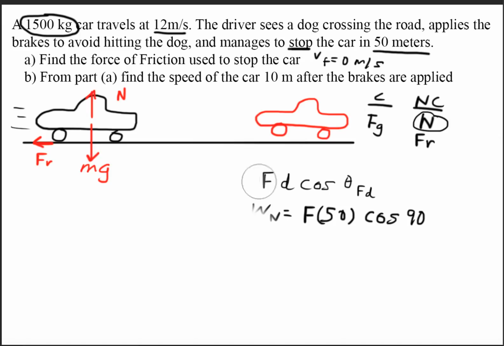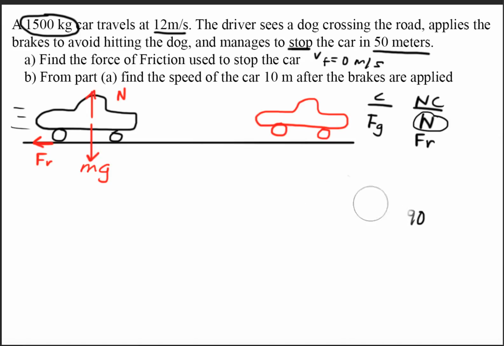Let's apply the same evaluation for the work done by friction now. So the work done by friction. So we have a force. We don't need to know what the force is. We have a displacement of 50. But what about the angle? What is the angle?